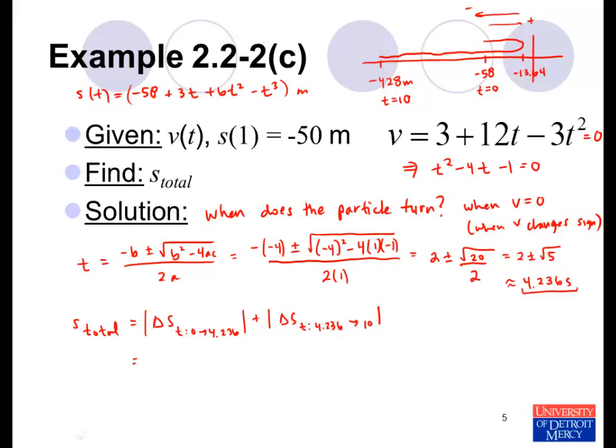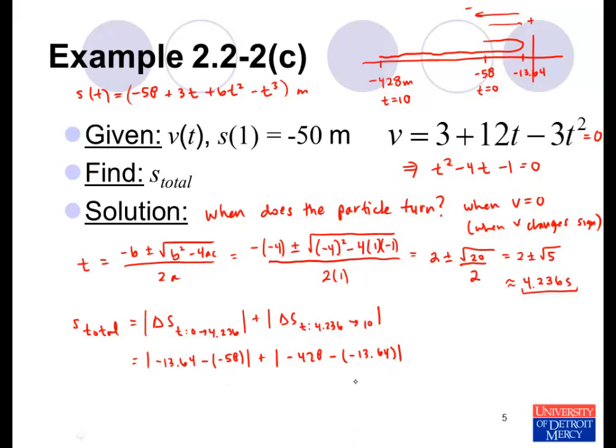And so the displacement going forward, we ended up at minus 13.64. We subtract where we started, which was negative 58. Then we have our distance going backwards. We end up at minus 428. We subtract where we started, which was negative 13.64.